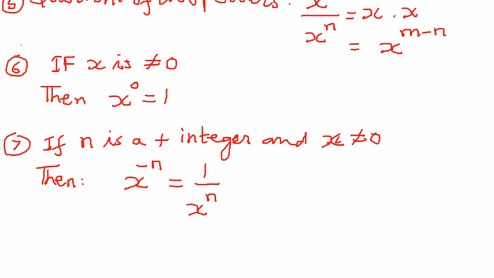That means if we are given an exponent which has a negative power, we can write that as 1 over a positive power, like this.